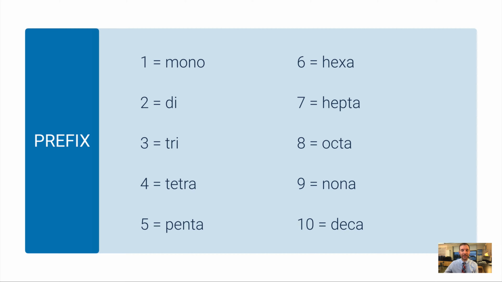The other thing is this. If you've got a prefix that ends in O or A, so I'm talking about these ones here, and you plan to use that prefix in front of oxide, so for example, dioxide, monoxide, instead what you would do for those O and A ending prefixes, the ones I've highlighted here, you just want to remove the vowel on the end there.